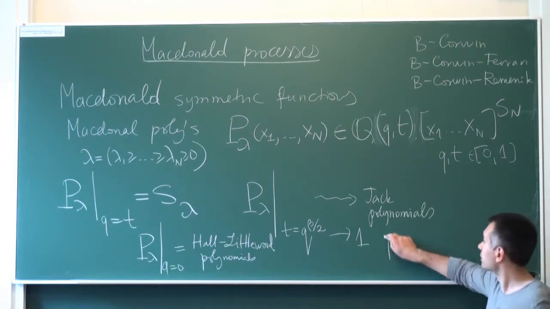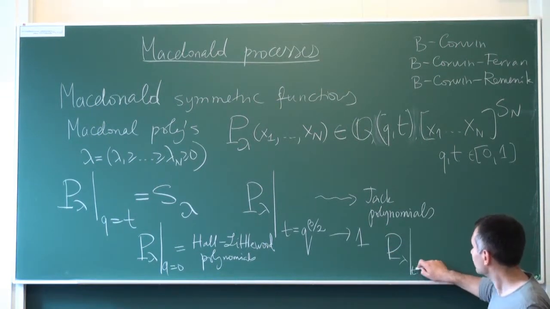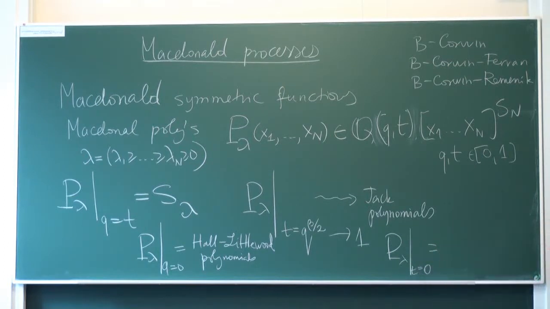If I take P_lambda and set t to 0, then these end up being something called q-Whittaker functions. And I'll talk about them a little later. They have an interpretation in representation theory of quantum GL.